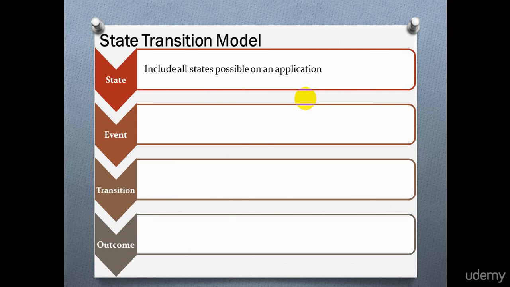For example, in the case of an email application, some of the various states would be new email, inbox, forward, and so on. Events are user actions such as button click or text input that trigger a state transition. For example, the send button clicked from the new email state in an email application.